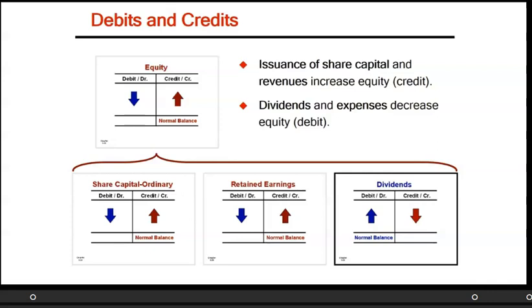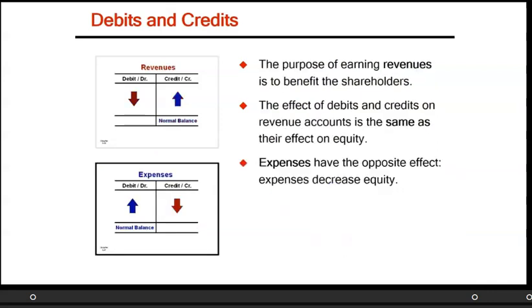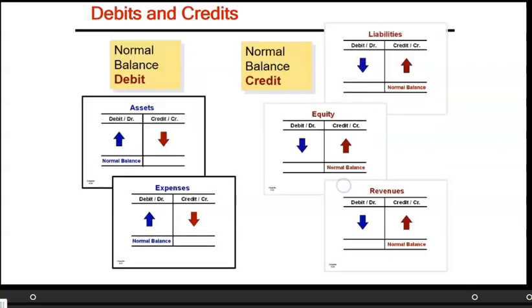So when we earn revenue, the credit side will increase. When we incur expenses, the debit side will increase. Now, we never have a reduction in revenues, so we're never going to have a debit to revenue. And we don't have, as you know, deduction in expenses, any transaction that will reduce expenses. So there will never be a credit to an expense account.